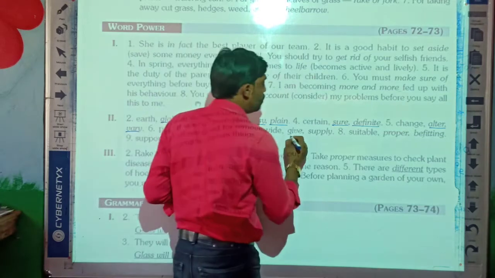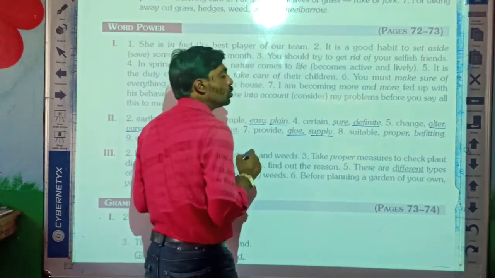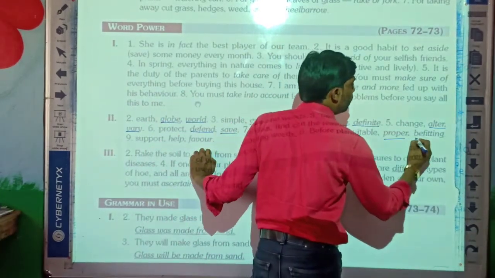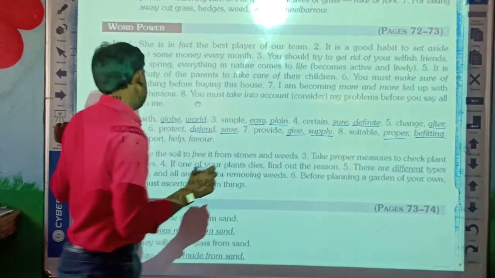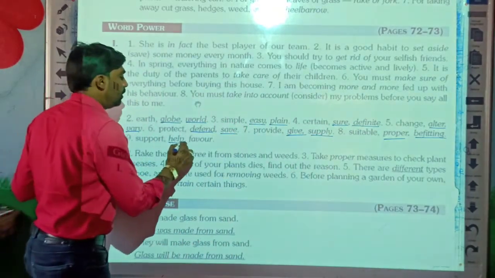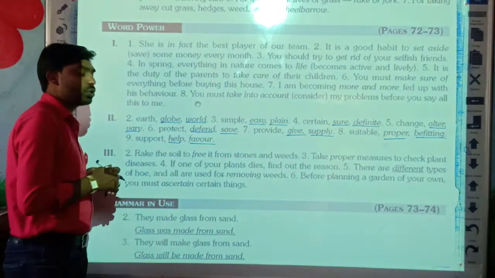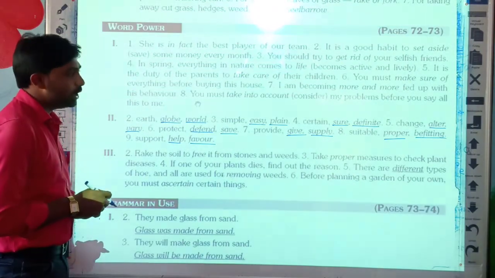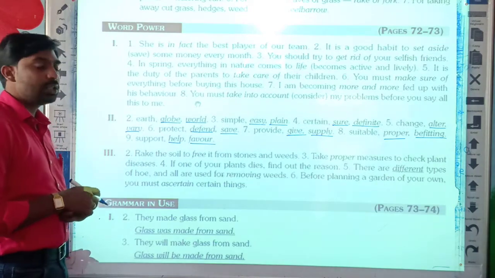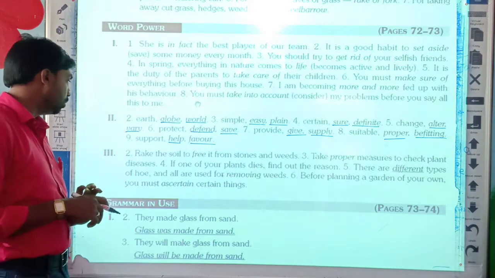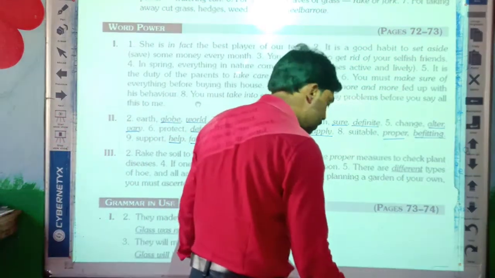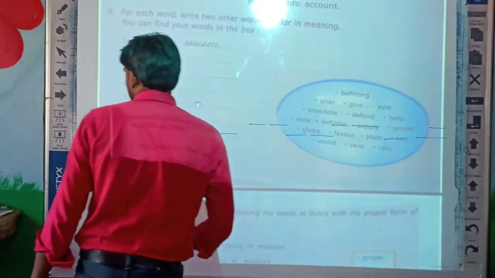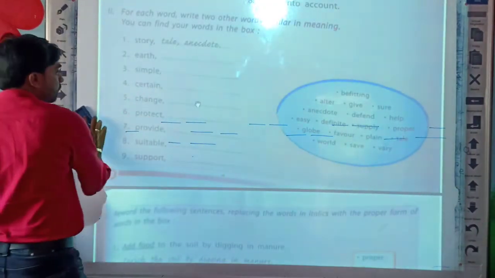Provide means give or supply. Suitable means proper or befitting. And support means help and favor. So these are the synonyms used for these words. Again, you take a screenshot and solve in your textbook and notebook. Now next question on page number 73.